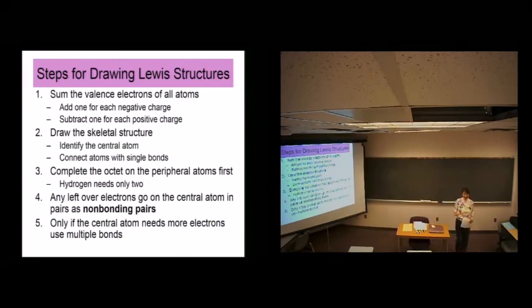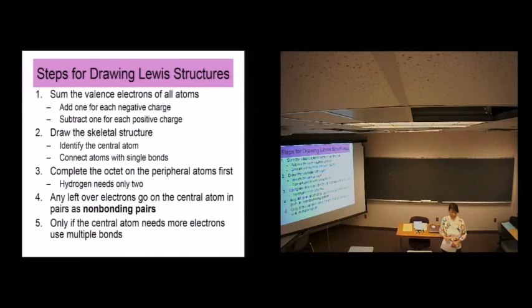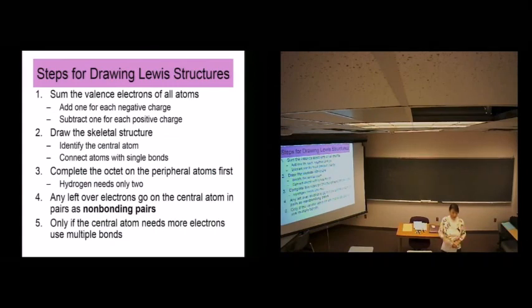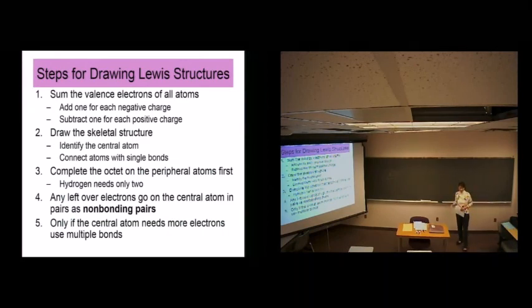Is 20, right? Okay, then draw your central atom, then the bonds, then the peripheral, and then what's left over on the central atom. Okay, so draw your skeletal structure, put the bonds in, count the peripheral electrons, then what's left over on the central.